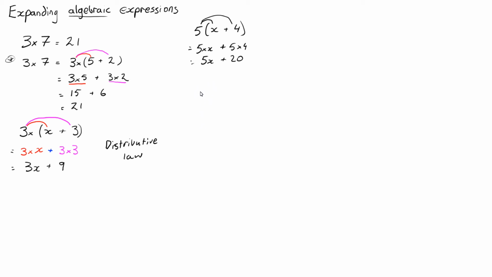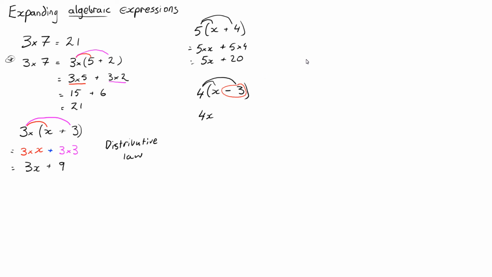Now let's see what happens if I've got a subtraction instead of an addition. 4 times x take 3. Let's go with this one. Same idea, I'm going to multiply the 4 by the x to start off to give me 4x. This time I'm going to multiply the 4 by the 3, but I'm actually going to use it as minus 3.